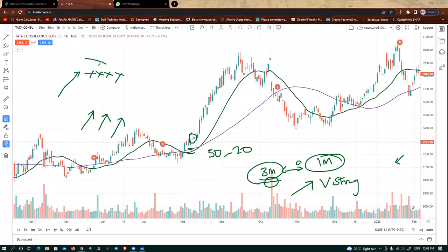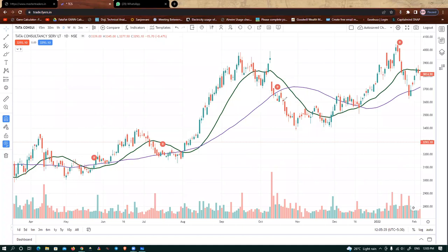If you have it, you just sell it and go and buy somewhere else. Or if you don't have any land, you avoid buying it. Simple. If you have it, just exit. If you don't have it, simply don't buy at all.